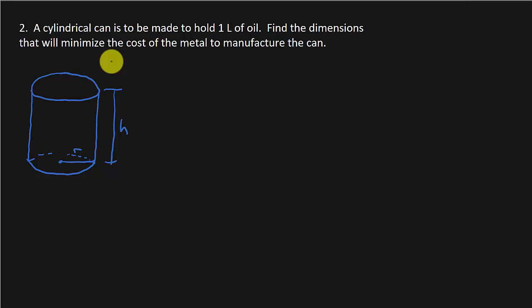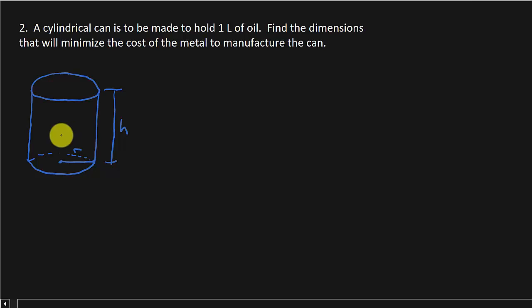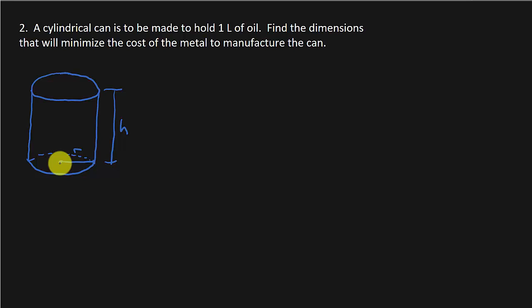Now, of course, we're going to have to assume in this problem that the cost to manufacture the cylinder and the cost to manufacture the top and the bottom all cost the same. So we want to minimize that surface area. First, let's see what we have here.